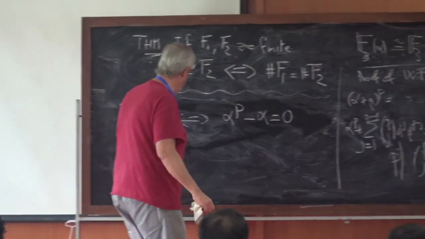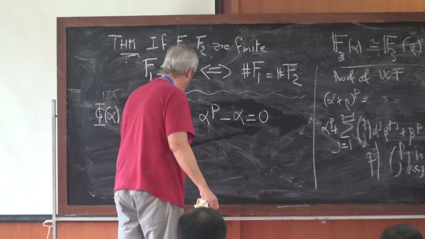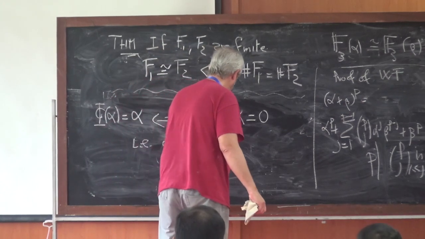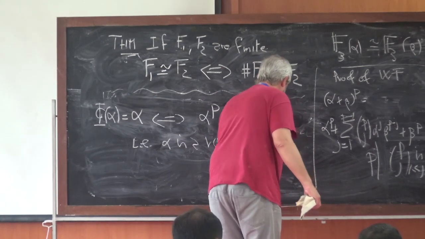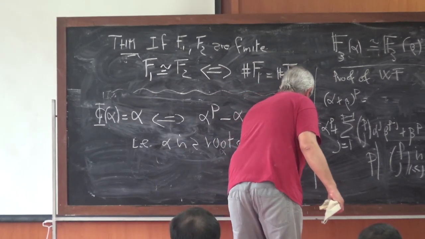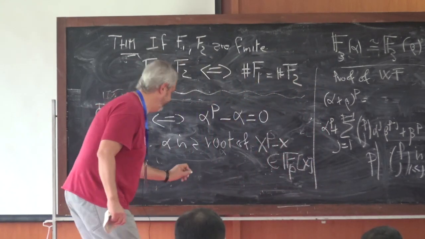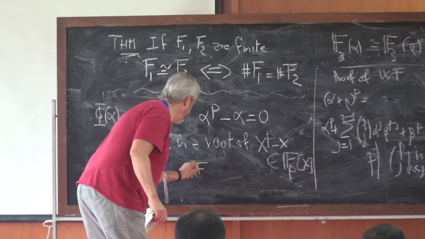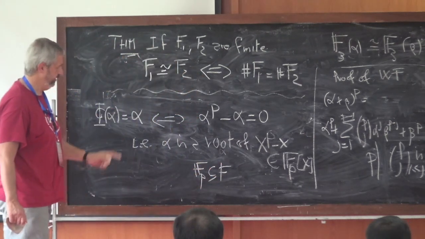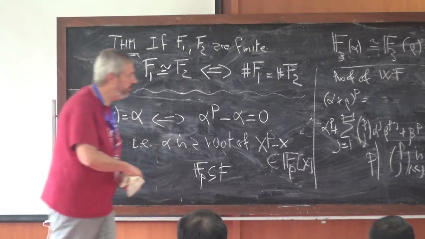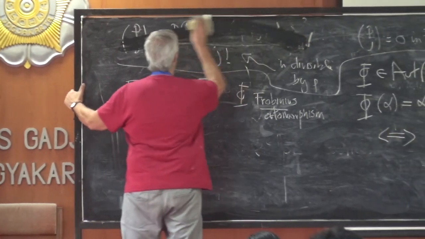And this means that alpha is a root of the polynomial x power p minus x, which is a polynomial with coefficients in the ground field. I remind you that in this case, Fp is a subfield of F, right? And now, there's another remark, which is also extremely simple.